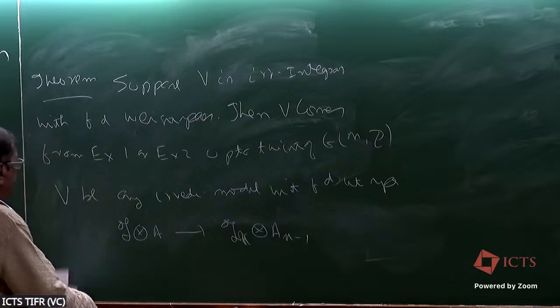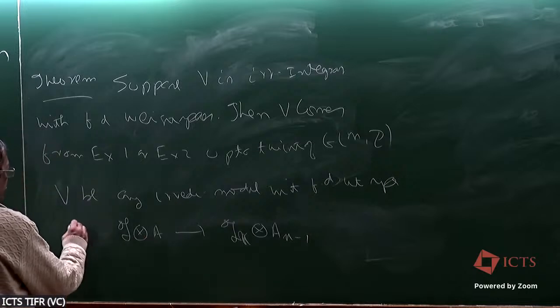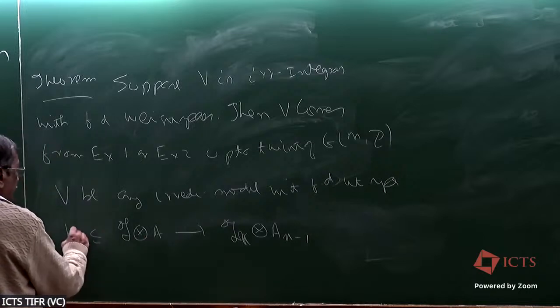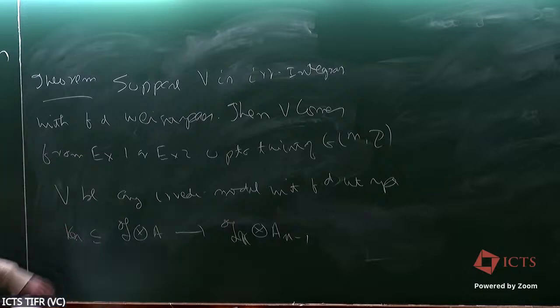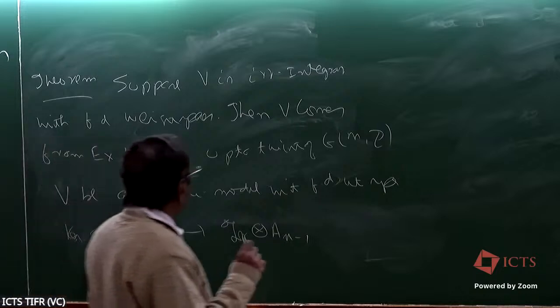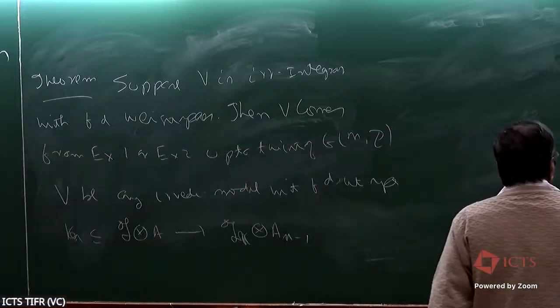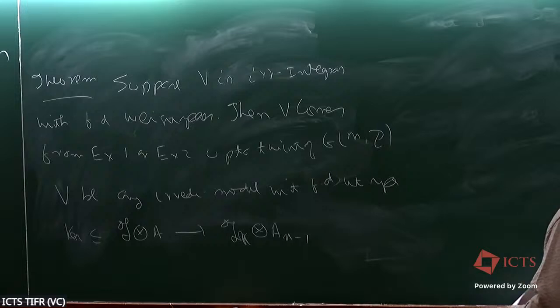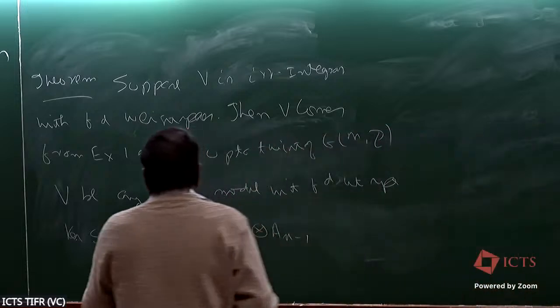So the kernel is central, this kernel vanishes, so it's in general. The classification of irreducible modules is reduced to this.